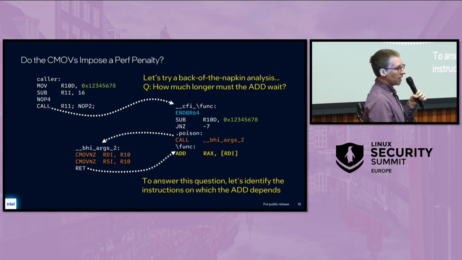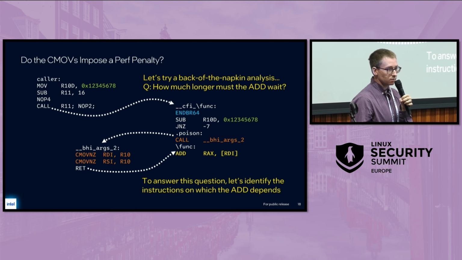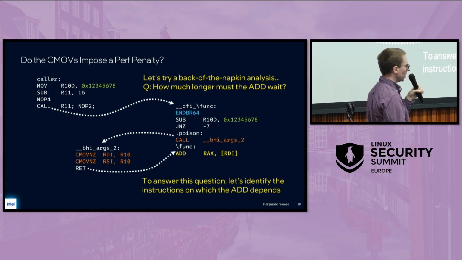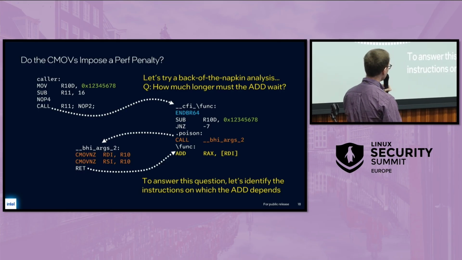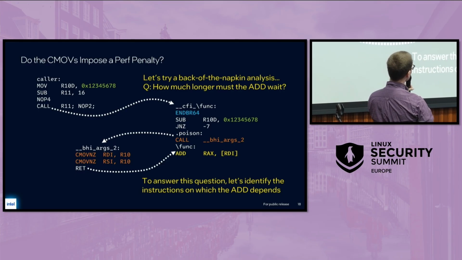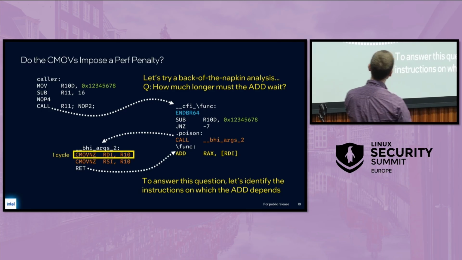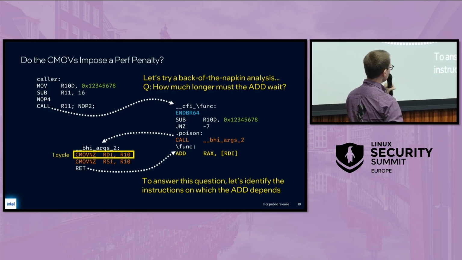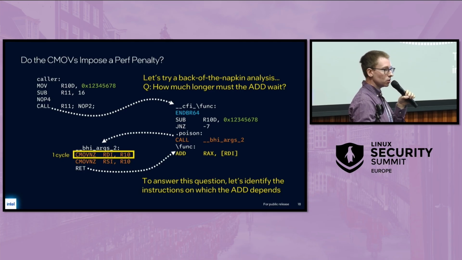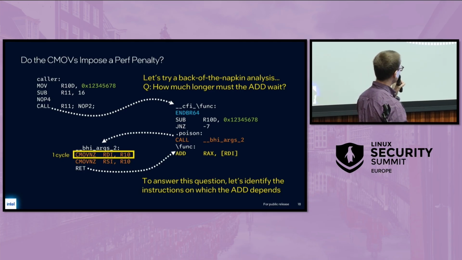Well, we've got to look at the dependencies, because that's how modern superscalar architectures work, is they track dependency chains, and they execute instructions in parallel and out of order. So add's nearest dependency is the CMOV, and on most Intel processors, CMOV has a latency of 1 cycle, so that adds 1 cycle of additional wait.